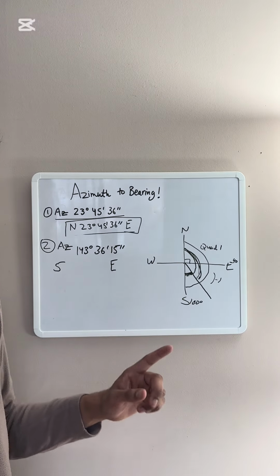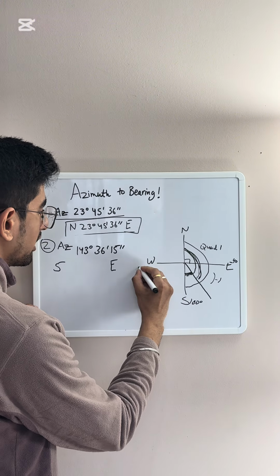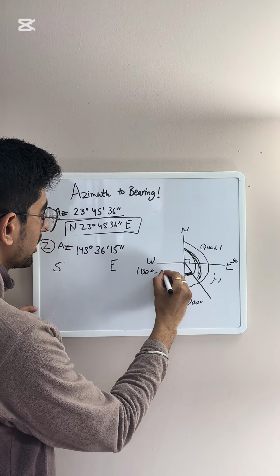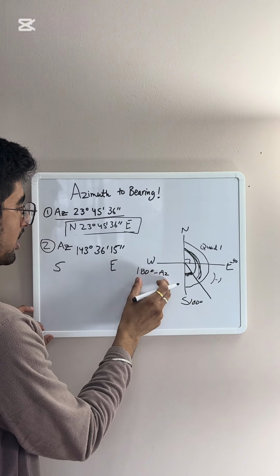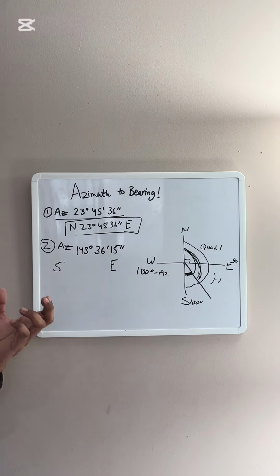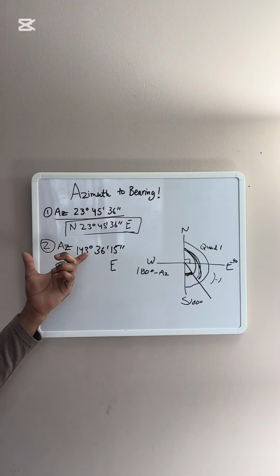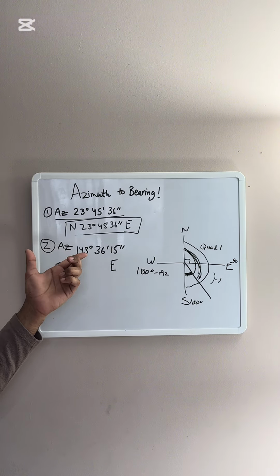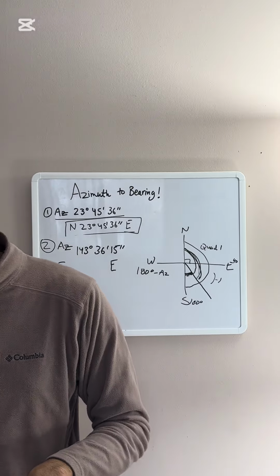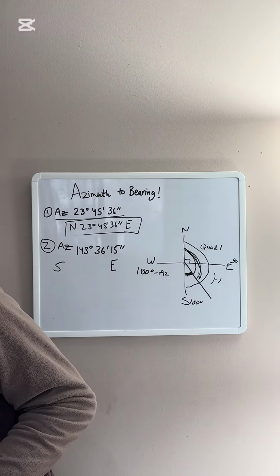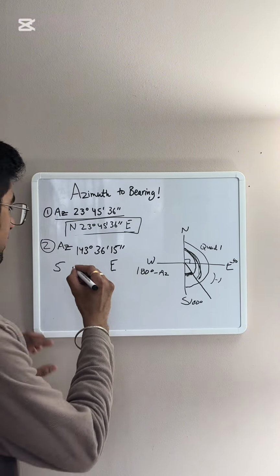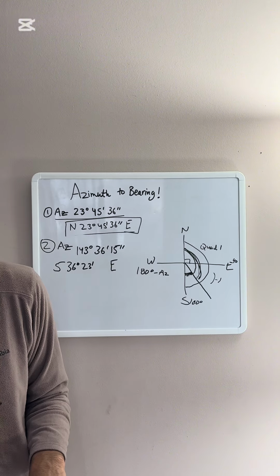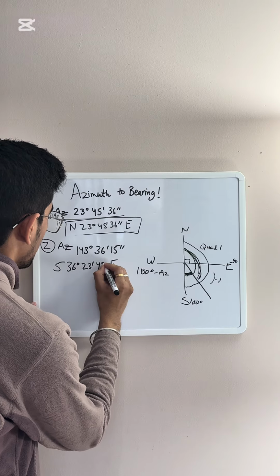So whenever the line is in the second quadrant, you just do 180 minus whatever the given azimuth is, and you put the orientation, so you get the bearing. If you subtract 180 minus 143 degrees 36 minutes 15 seconds, you would get somewhere around 36 degrees 23 minutes and 45 seconds.